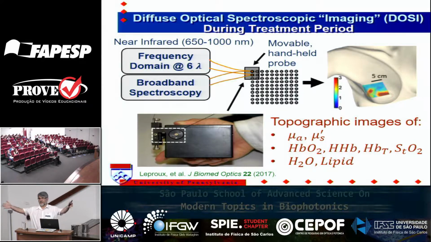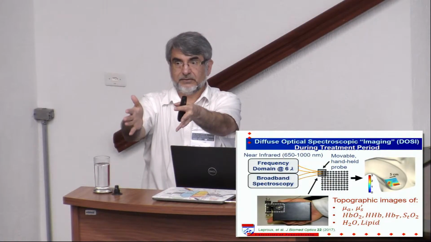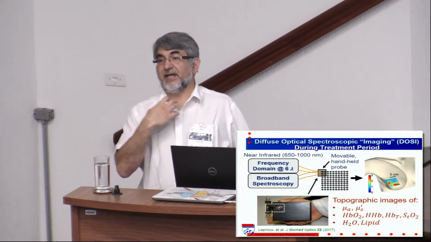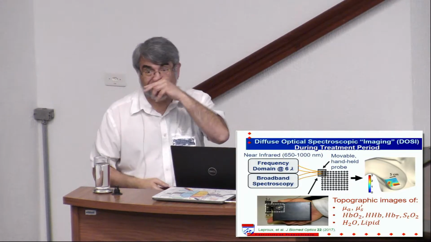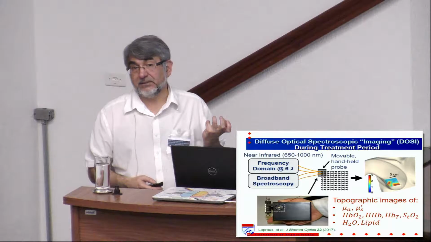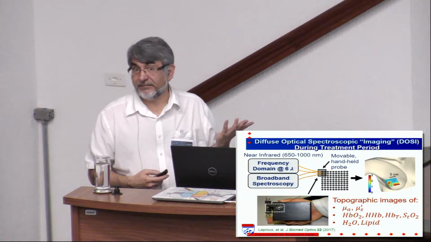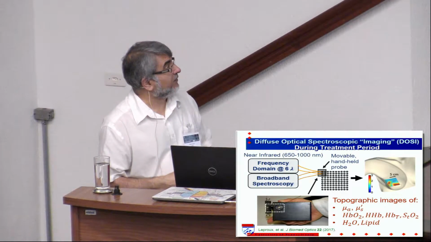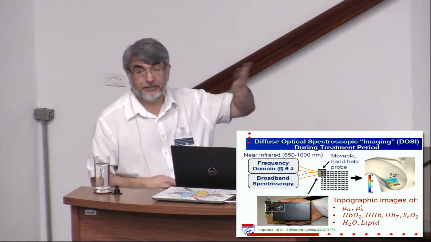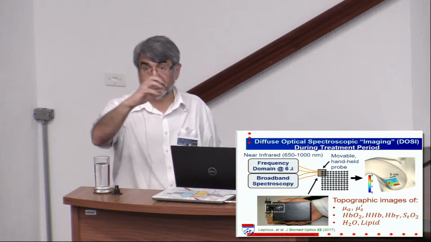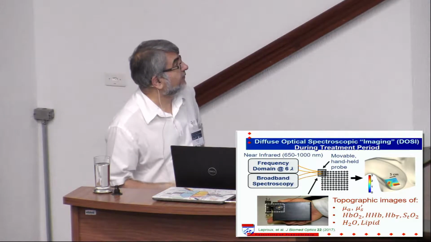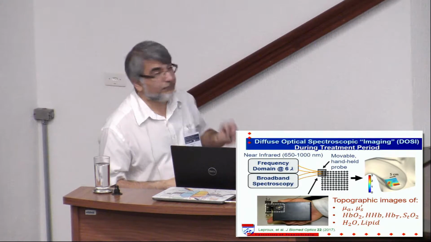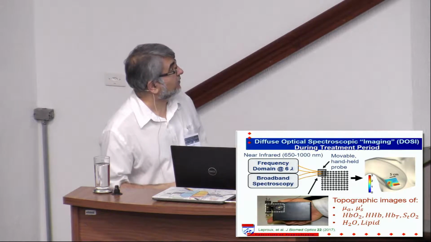It's not like the tomographic device that I showed you in the first part, which is really a standalone instrument. This is a handheld device that you can scan over the breast, so it's not really giving 3-dimensional images in the same way. It's giving more of a topographic kind of image. But there's still a lot of data, and you can know where the tumor is and where it's not, from palpation even, but also from these scans.